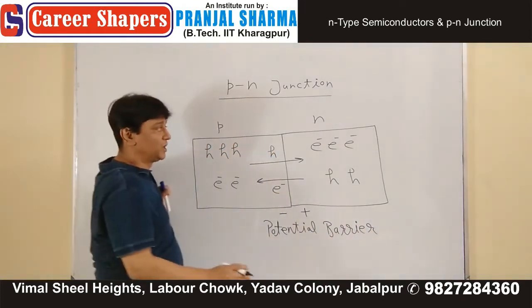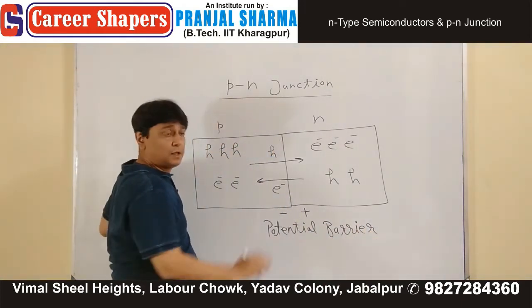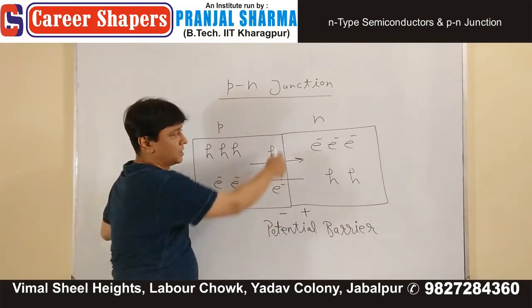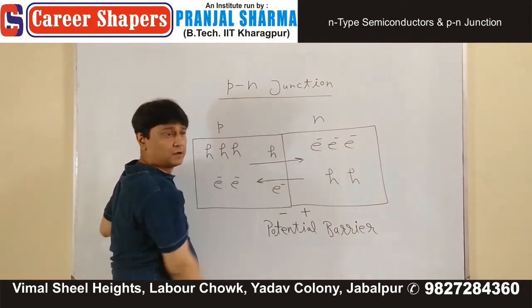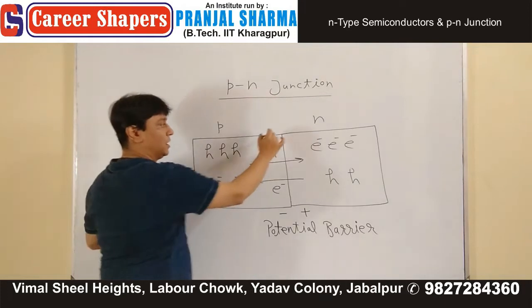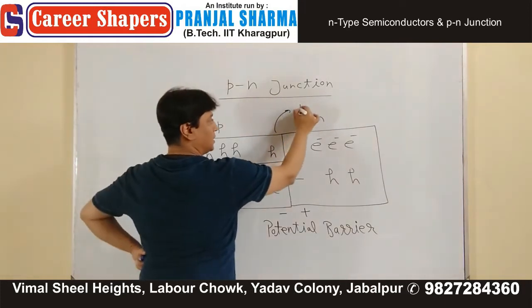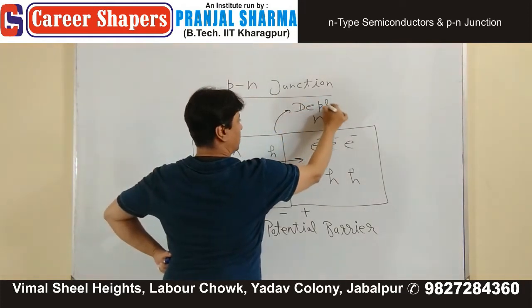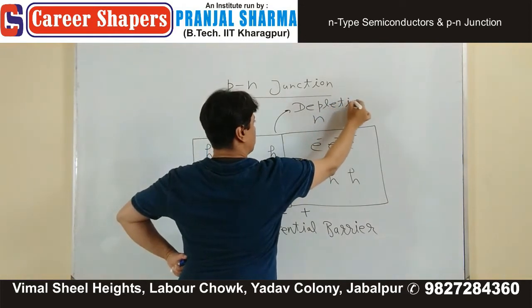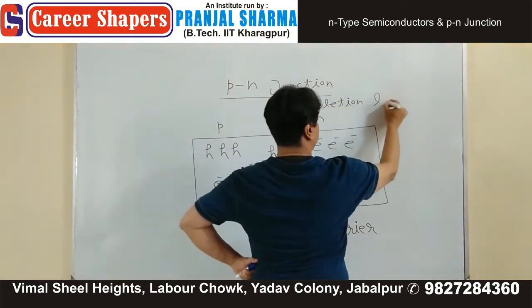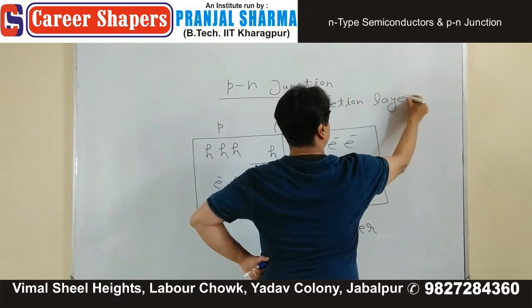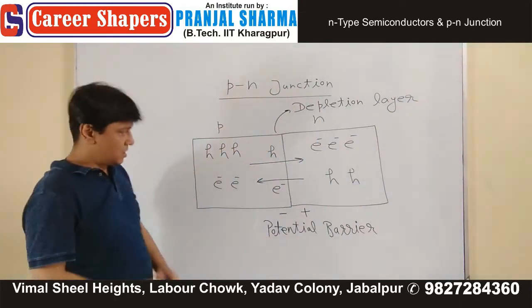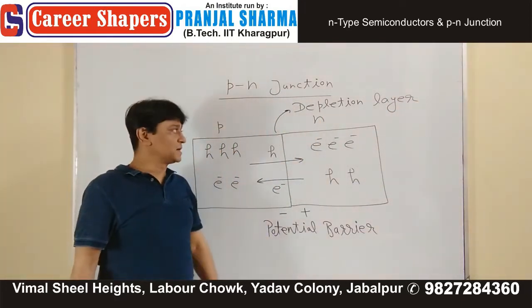And this potential barrier is because of the depletion layer. At the junction, something called a depletion layer develops. Now, what is this depletion layer? Let's understand this.